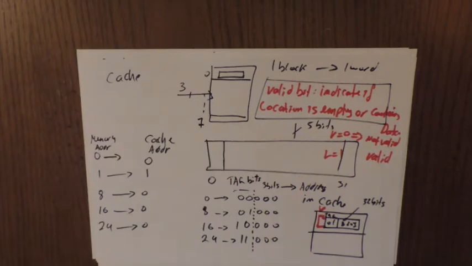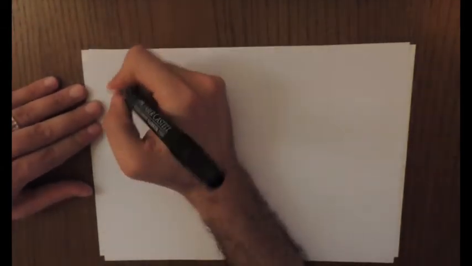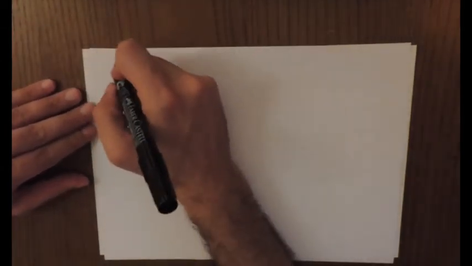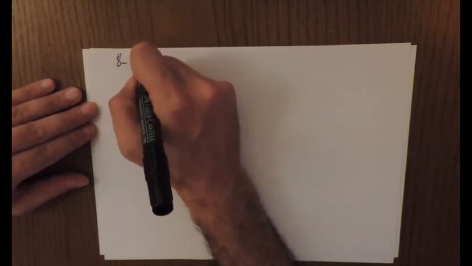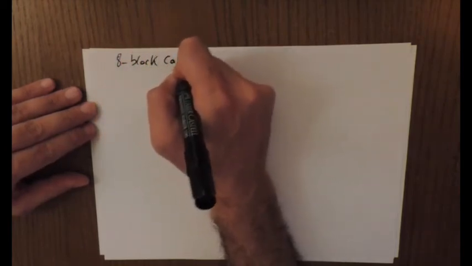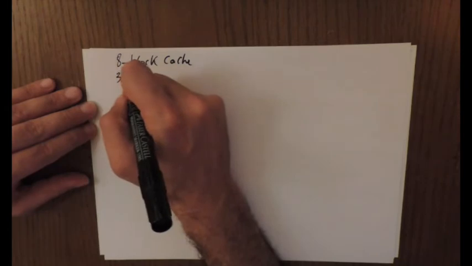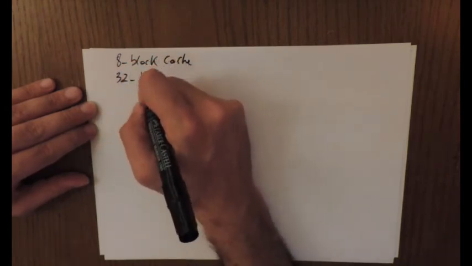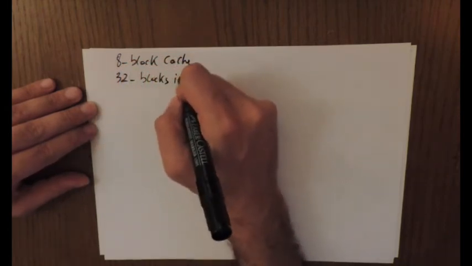Now I'm gonna give an example about memory locations, and we're gonna describe what happens in the cache. Imagine we have a series of references. So again, I'm sticking with the same example, we'll change it later on. We have an 8 block cache, 32 blocks in memory.